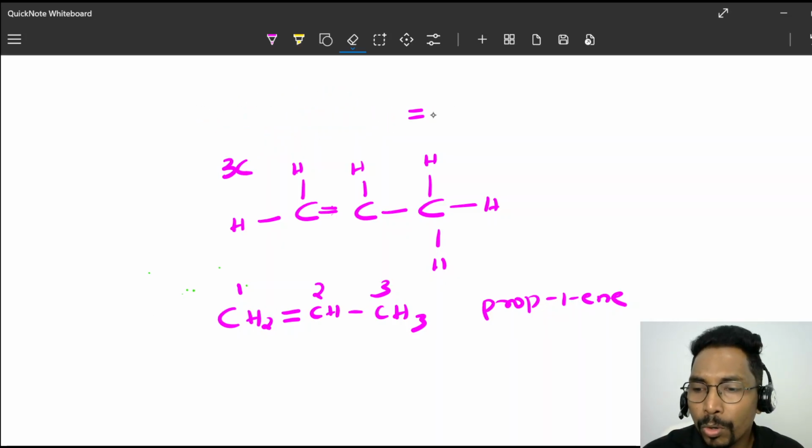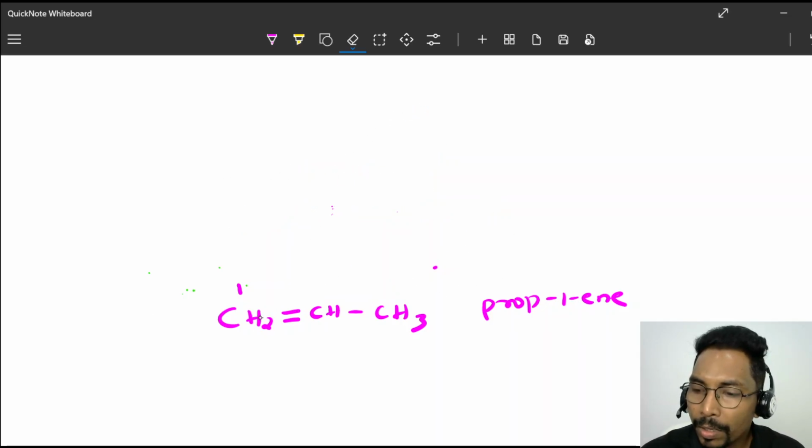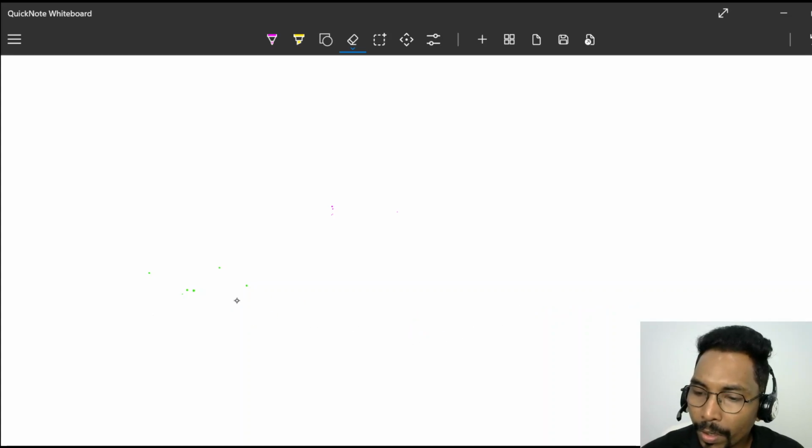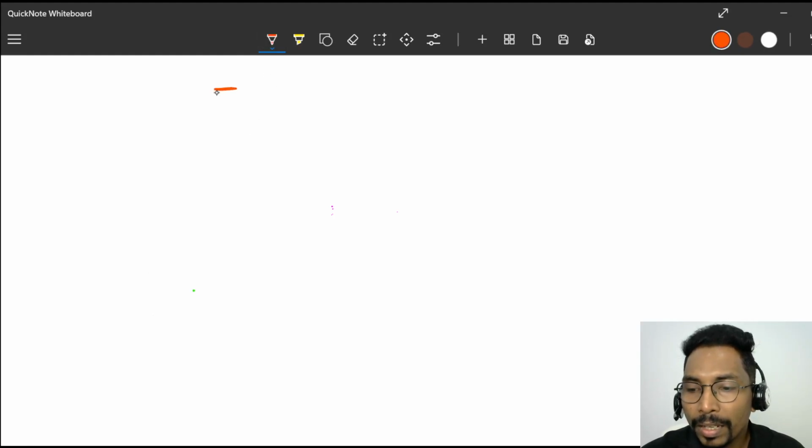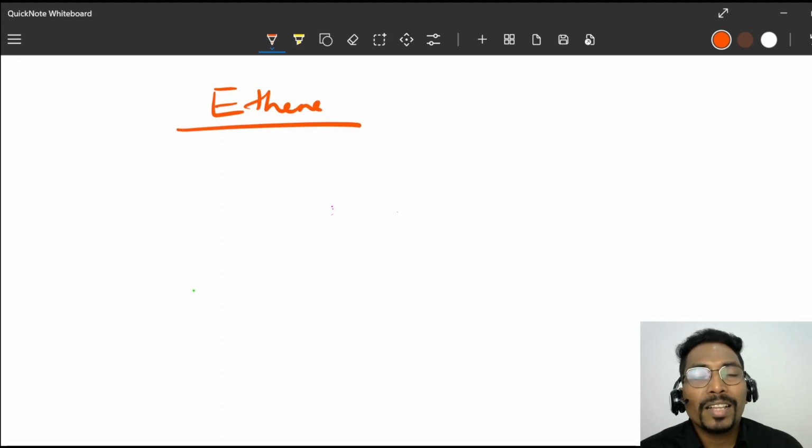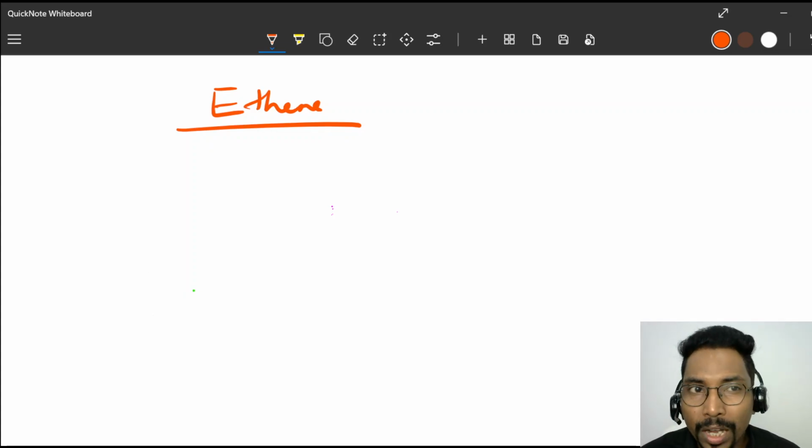I will show you one more compound with a double bond. We can just draw the structure of ethene. Ethene. Eth means what? Eth means two carbons, and again ene means double bond.